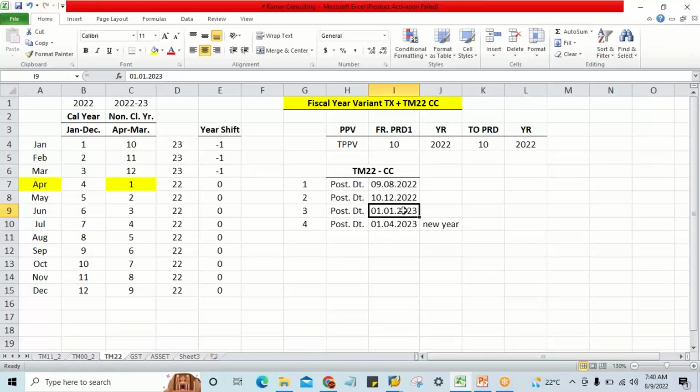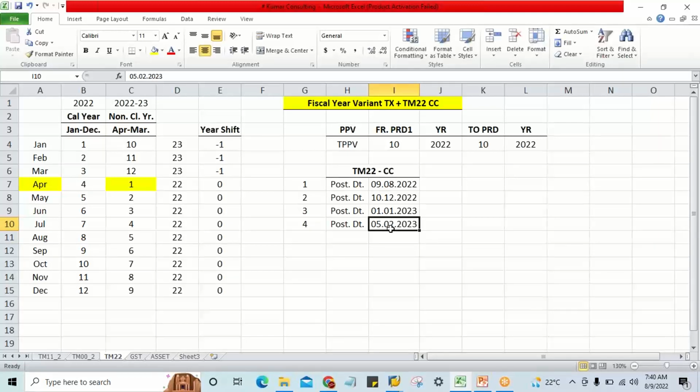So this is how, with the help of year shift, SAP will come to know what the fiscal year is. So even though we are in 22, 23 right now, again, let's suppose 5th of February if you are going to post a transaction. So it is 23, 23, right?